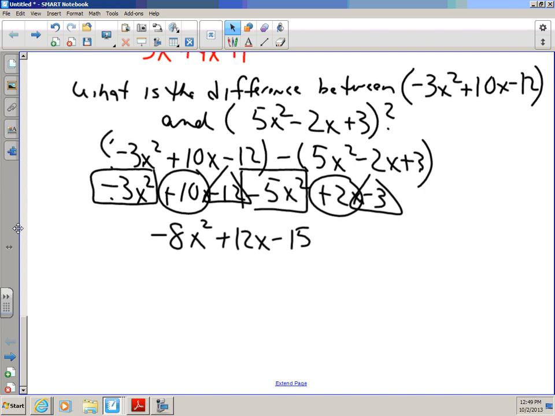Next, when you do combine like terms, make sure you add or subtract the coefficients and carry over the variable parts. And then number three, if you are subtracting polynomials, the recommendation is that you change from subtraction to addition by distributing the negative sign to all the terms in the polynomial that is being subtracted.